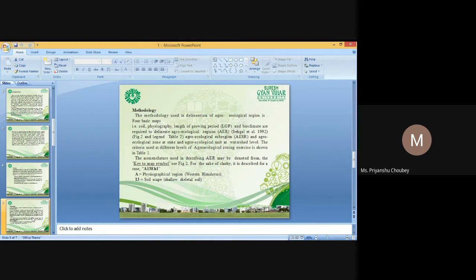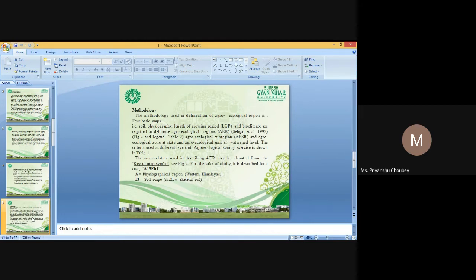The methodology used in the delineation of agroecological regions uses four basic maps: soil, physiography, land and growing period, and bioclimate, required to declare the agroecological region, the agroecological subregion, the agroecological zone at a state level, and the agroecological unit at the watershed level.